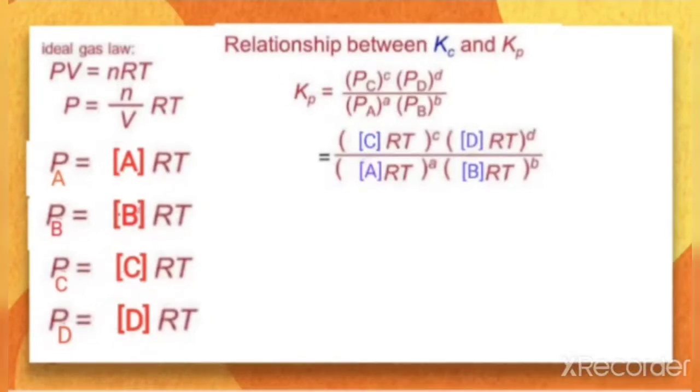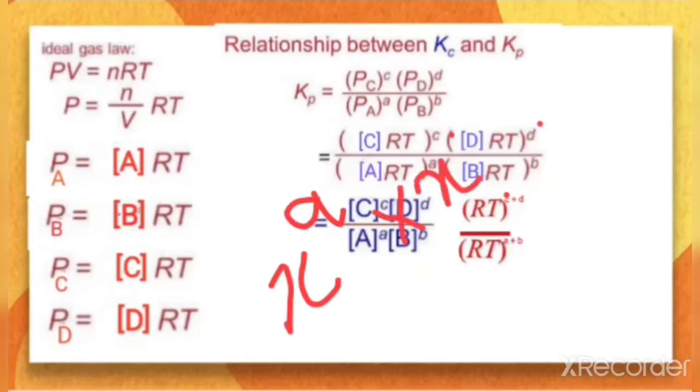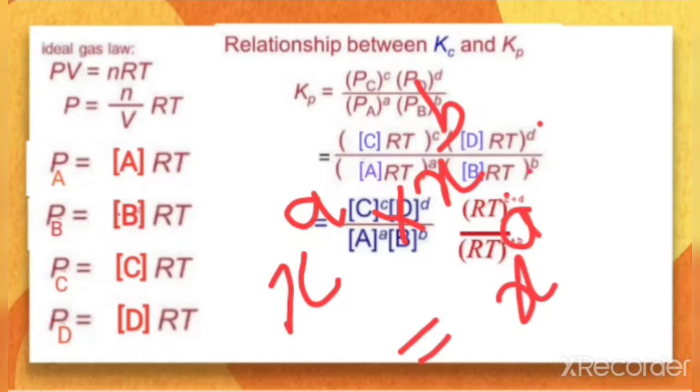In this, RT is common, so we will separate it. So we will be getting this equation in this way, that is RT to the power c and RT to the power d, that can be written as RT to the power c plus d, because if you know the formula, x to the power a into x to the power b is equal to x to the power a plus b. So we are applying this formula.